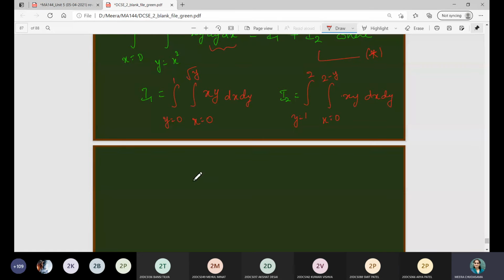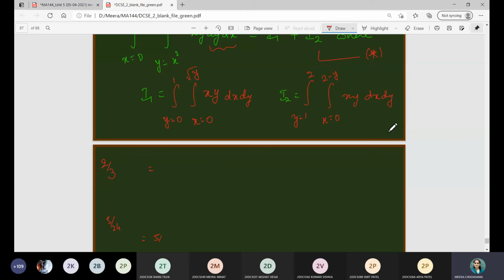I by 4. I1 is 5 by 24. After adding both. After adding both. Okay, so what is the value of I1? Wait 1 minute. I1 equals to 2 by 3. What is I1 value? 2 by 3. 2 by 3.